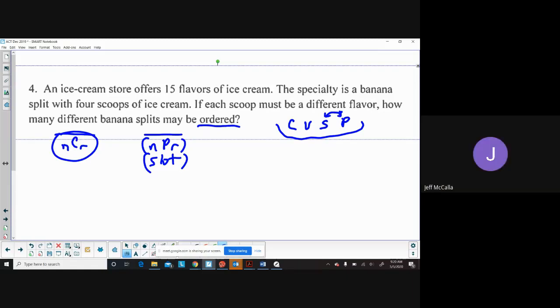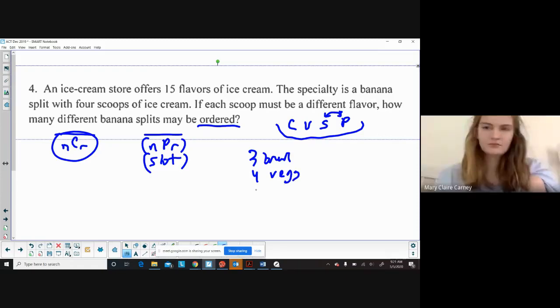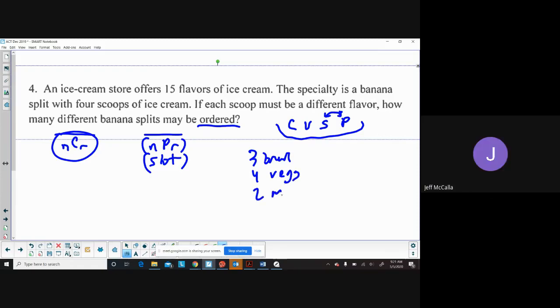With sandwich combinations, if I have 3 breads and 4 veggies and 2 kinds of meats, how many different sandwiches if I get 1 of each? And I just multiplied those, right? Yes. Because that question is not how many different orders can you get, it's how many different sandwiches can be ordered.